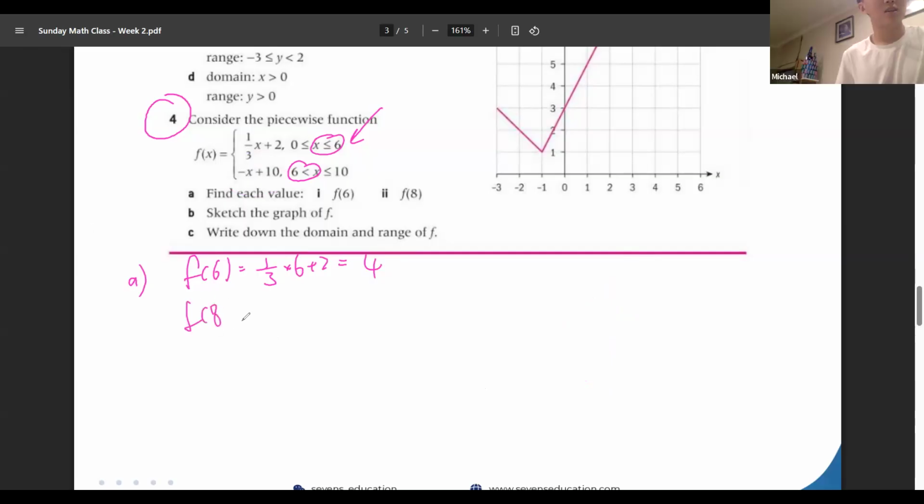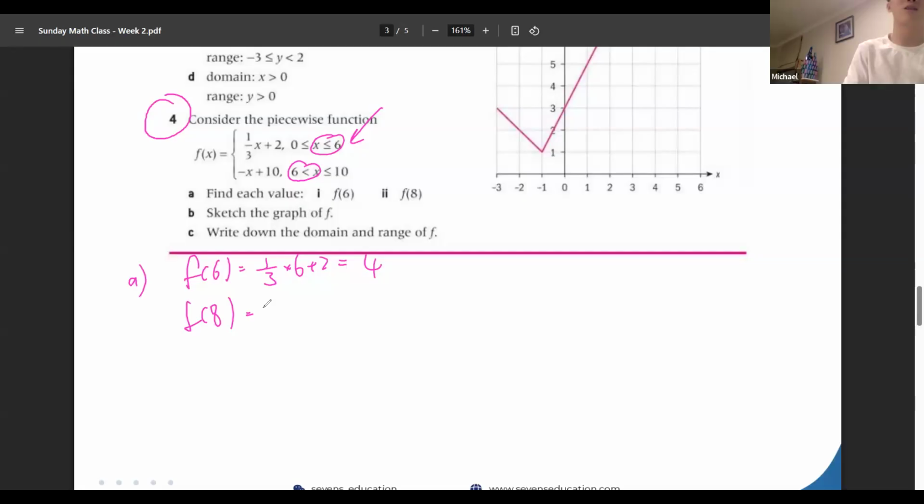All right, what about f of 8? Which equation do you use? The second one. Why? Because x is bigger than 6.